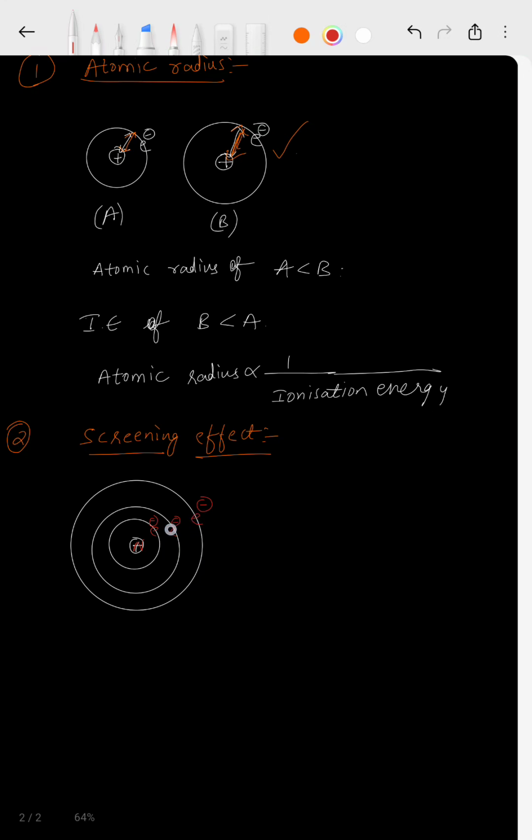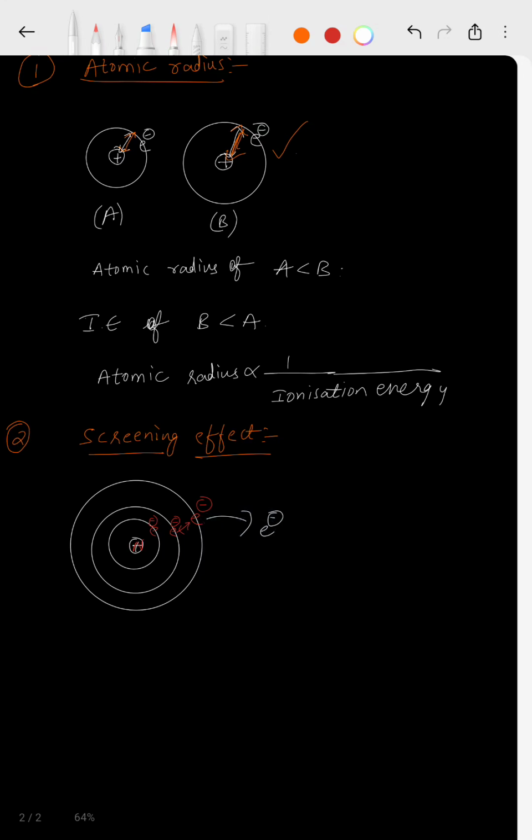What these electrons are doing is, between these electrons also repulsions will be there, because they have the same negative charge. So because of the repulsions, these electrons want to go out. This electron wants to go out because of the repulsions.